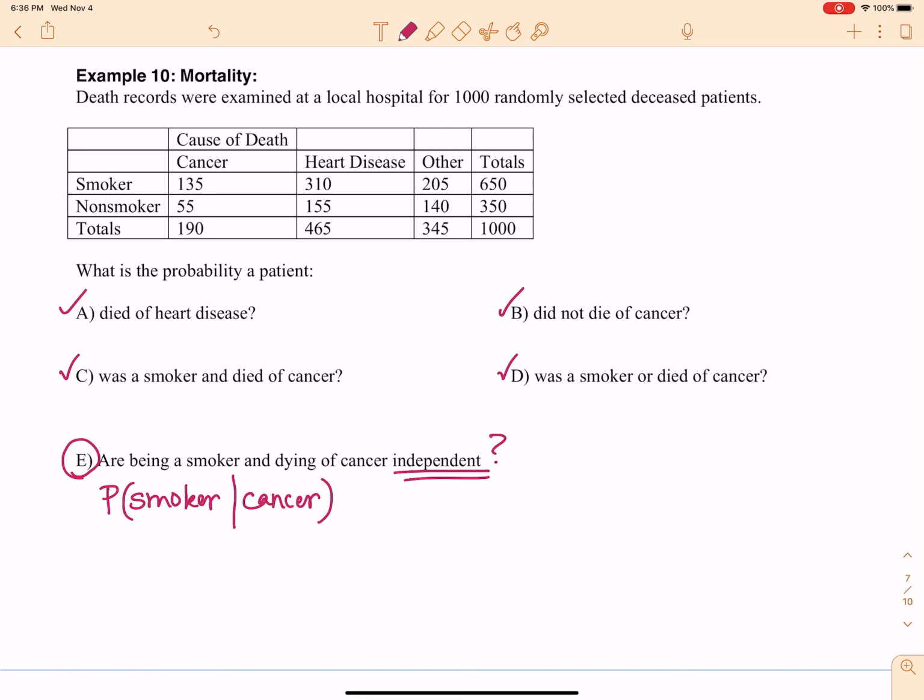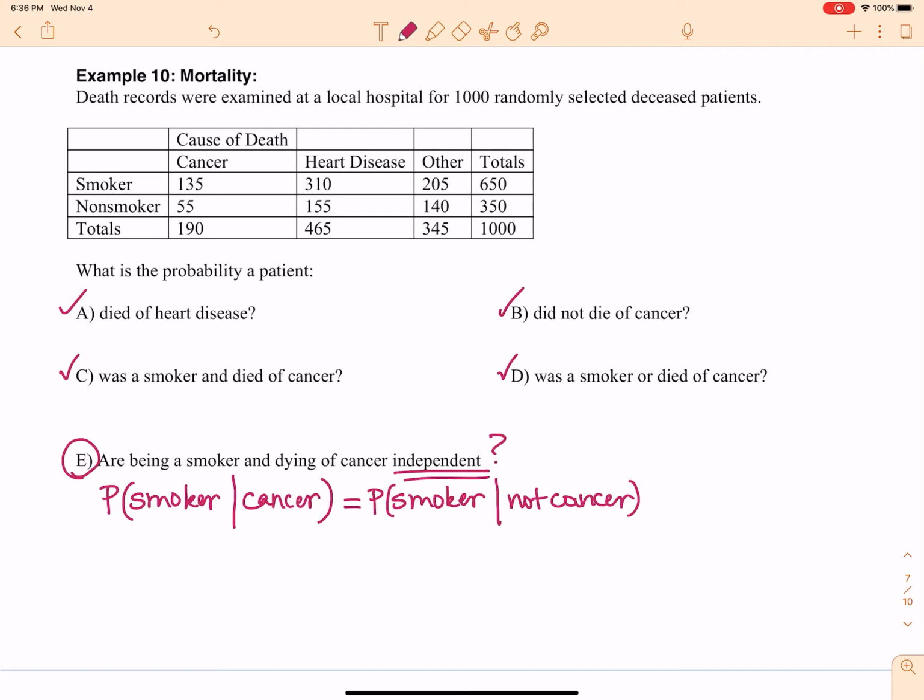All right, so I'm always going to set up a conditional with these two items. By the way, it doesn't matter which way you set it up. I'm going to show you in just a minute. I want to know if this is equal to the probability of being a smoker given you don't die of cancer. So this is how we're going to set up the problem.